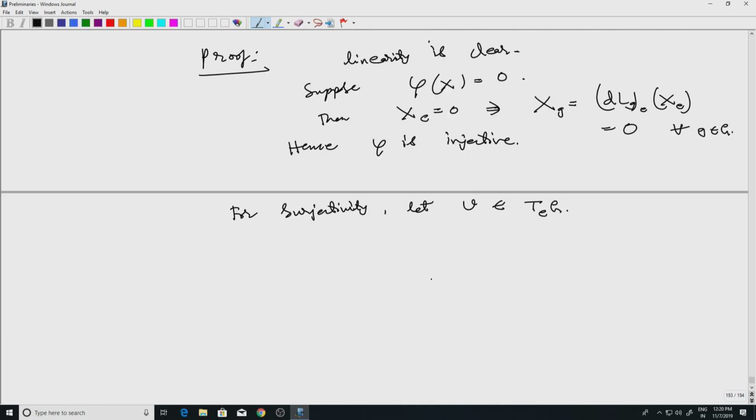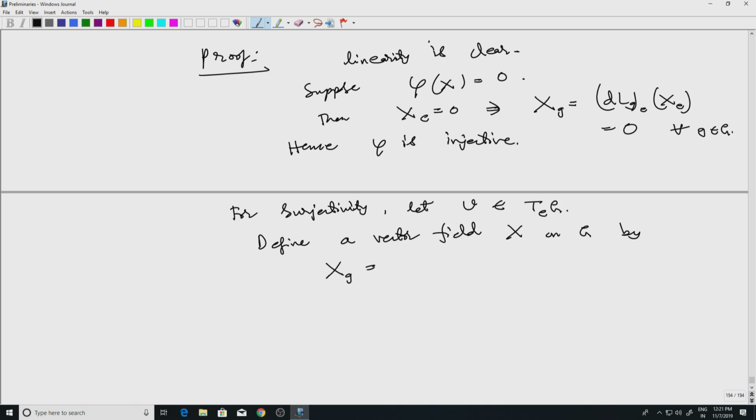So define a vector field x on G by x at g. When I want to define a vector field, I just have to specify its value at any point, in other words, what tangent vector I get at any point.